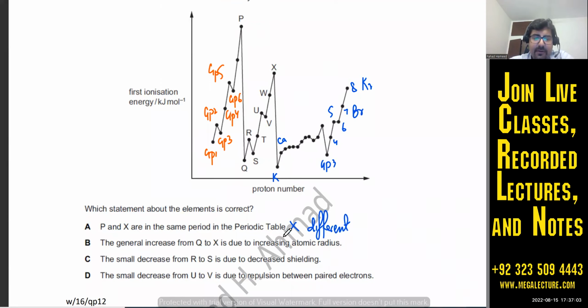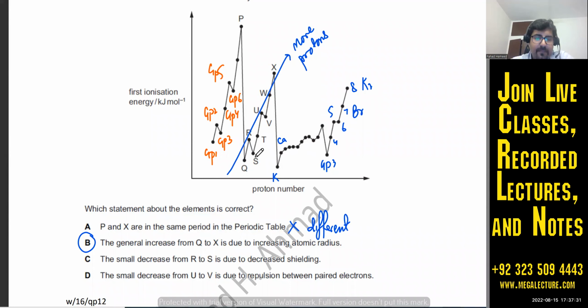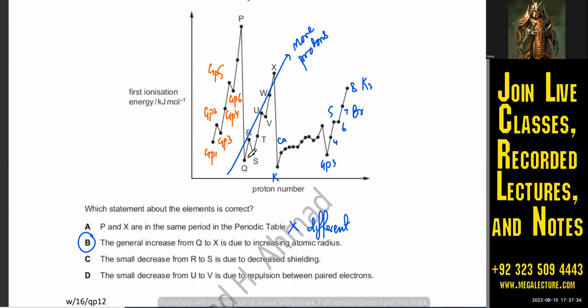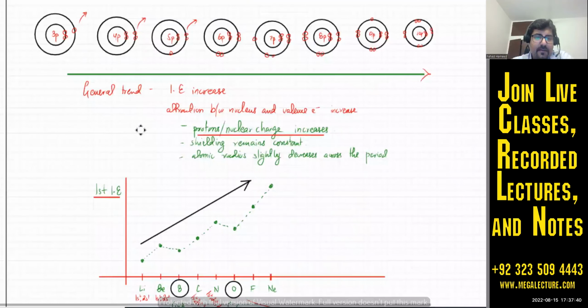Second one, the general increase from Q to X is due to increasing atomic radius. So the general increase from Q to X is because you have more protons, and when you move across the period, you've got more protons. So that is correct, right? Sir, Q to X तो atomic radius increase कर रहा है, proton numbers का तो नहीं कहा है. नहीं, Q to X across the period जा रहा है ना.